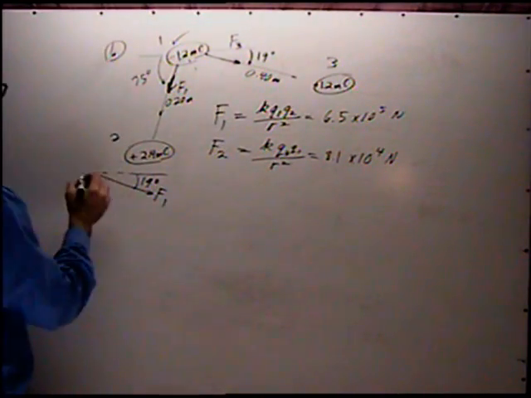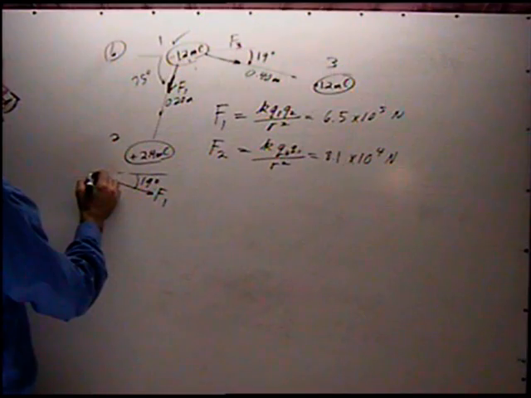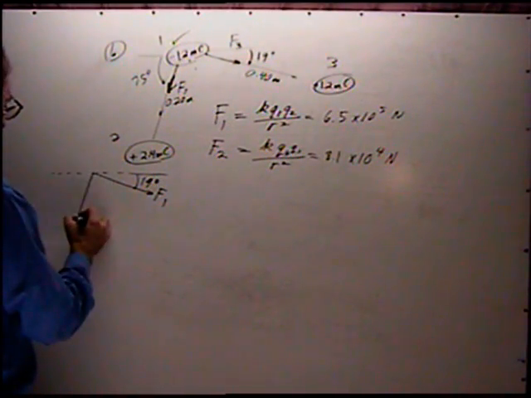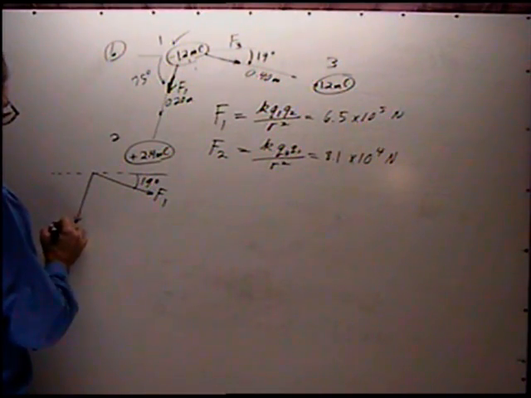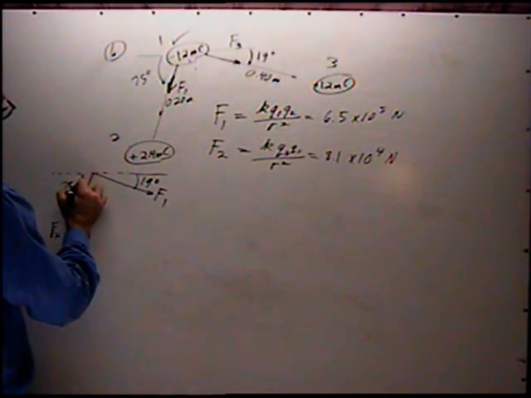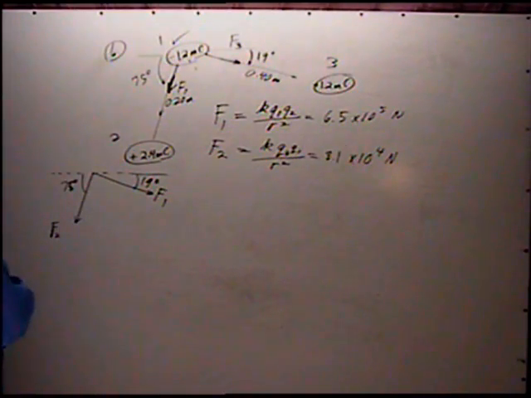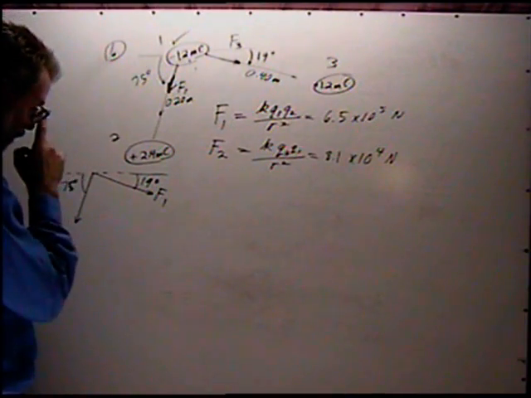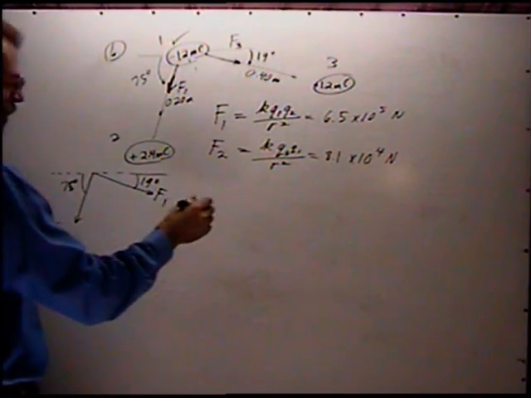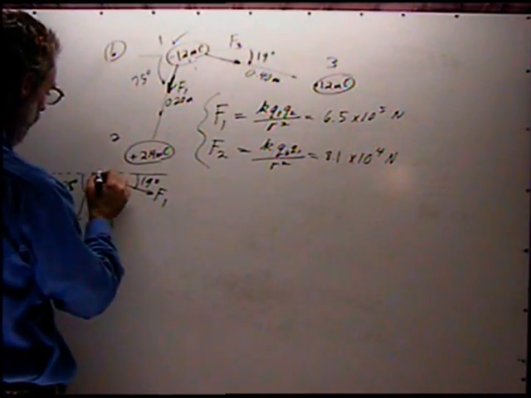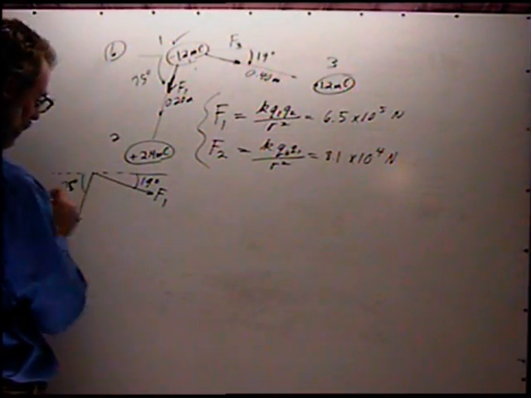And then coming down, it's not quite vertical, that's F2, and that's 75 degrees. So I need to add up these components. We have an x component here and an x component here.